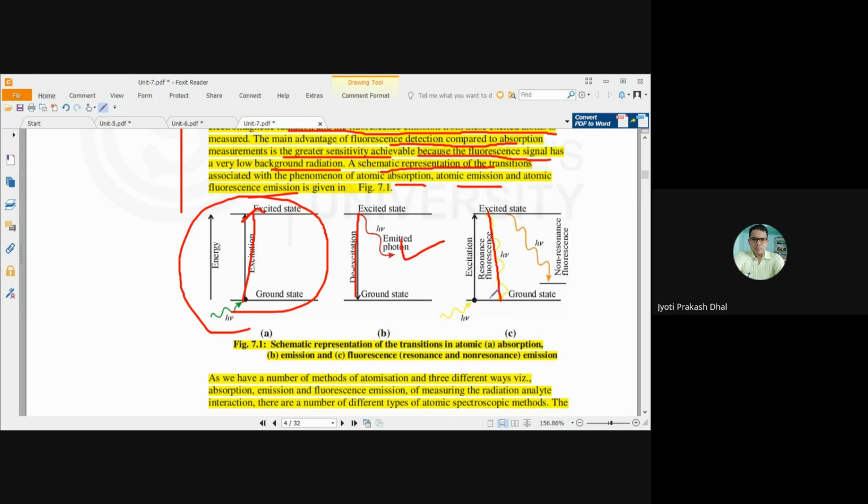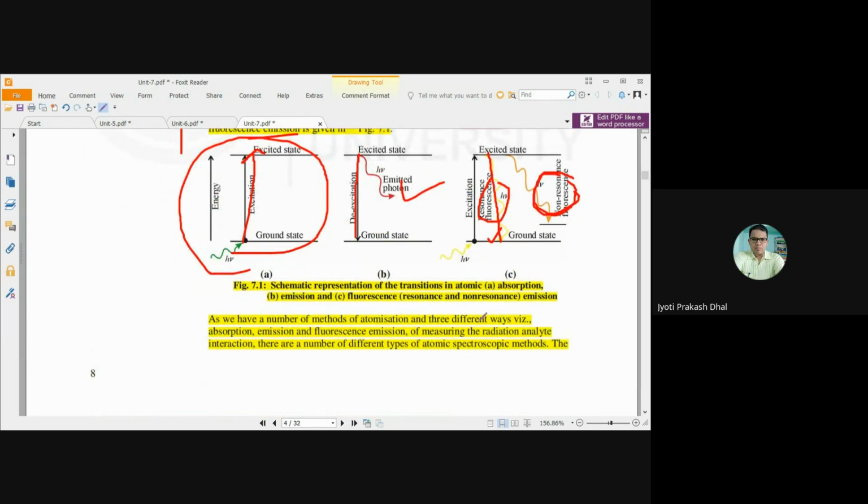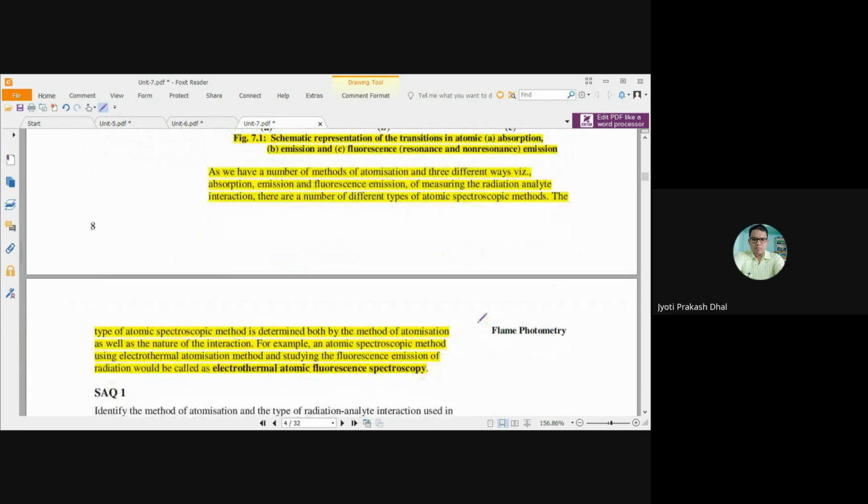And from the excited state, if it deactivates to the ground state by emitting light, that is called fluorescence. This is called resonance fluorescence and this is called non-resonance fluorescence. If it directly comes back to the ground state by emitting light, that is resonance fluorescence, and if it comes back indirectly, that is non-resonance fluorescence, which we will discuss in detail later.